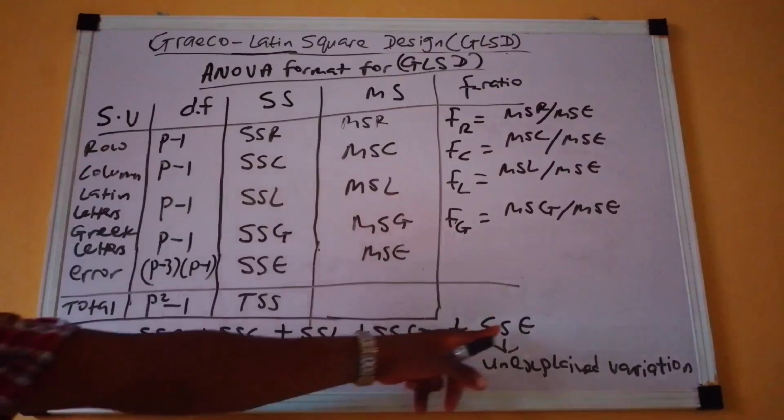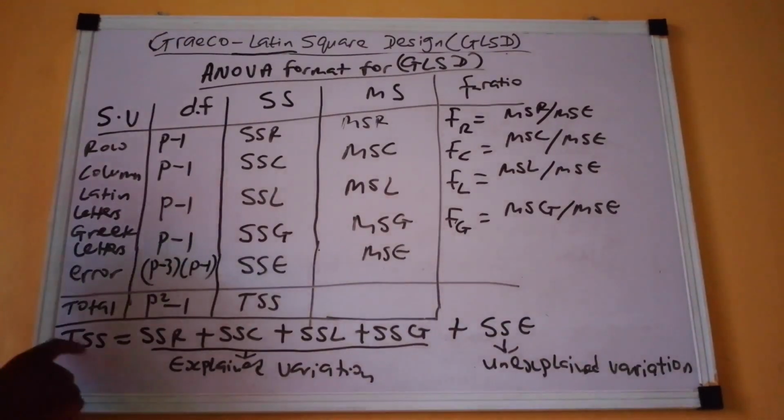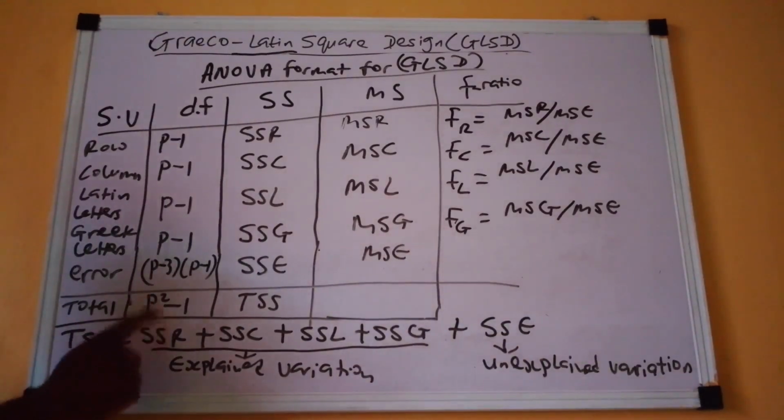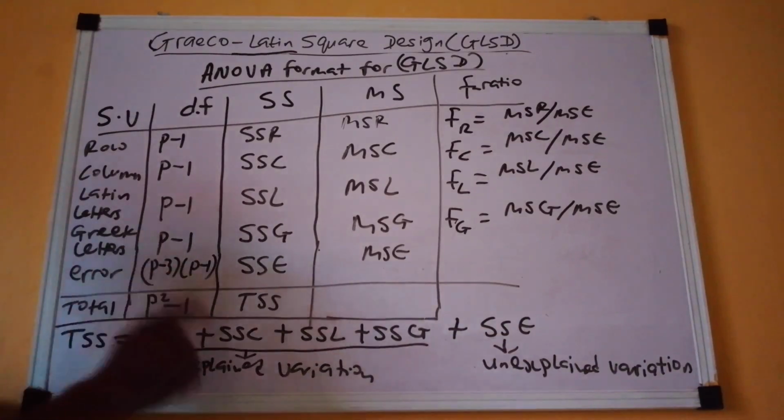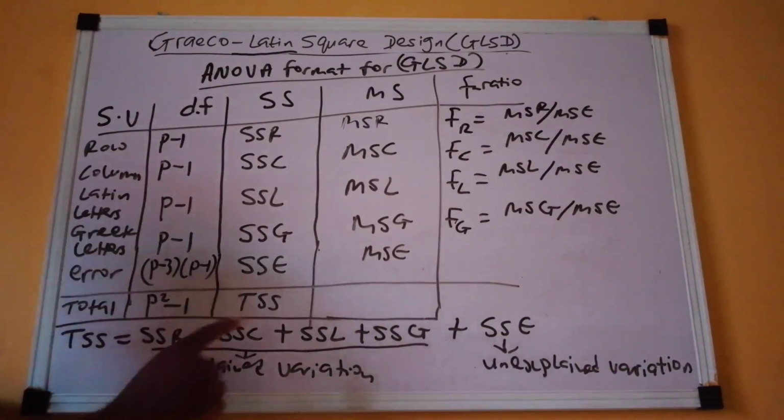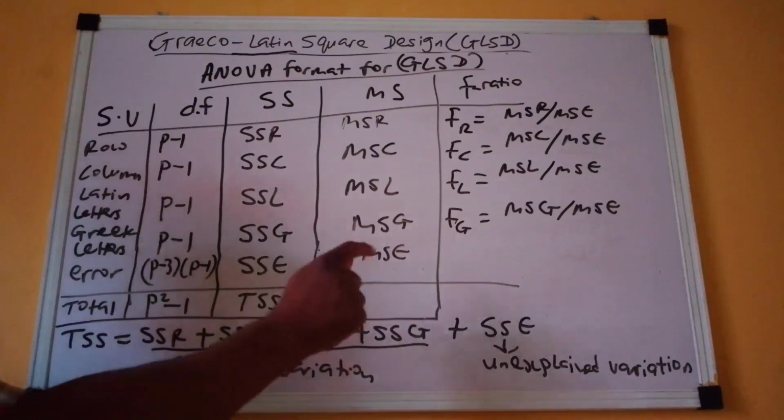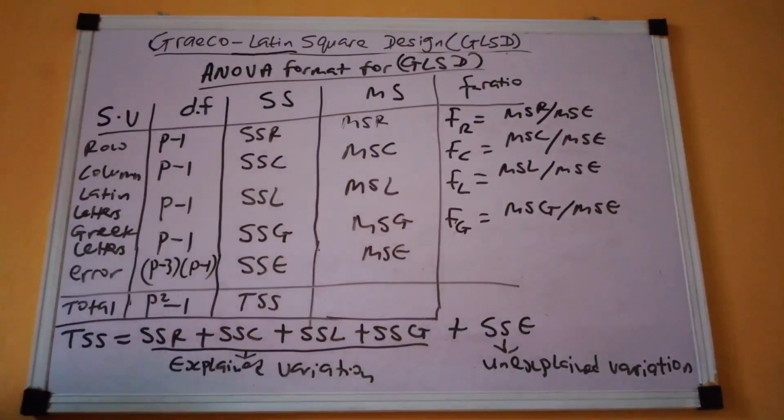So the sum of square for error will be total sum of square minus sum of square for row minus sum of square for column minus sum of square for Latin letters minus the sum of square for the Greek letters. So this is the ANOVA format for the Graeco Latin square design.